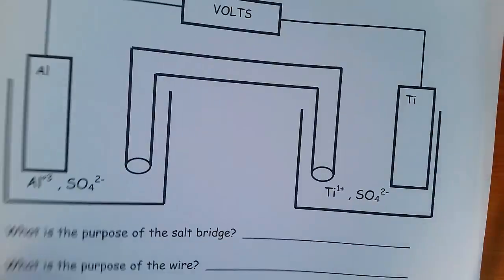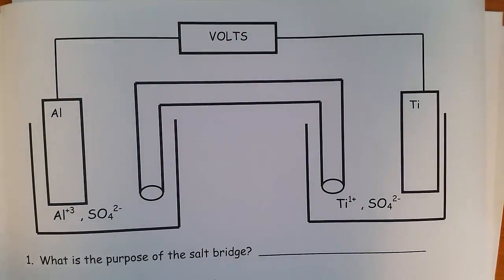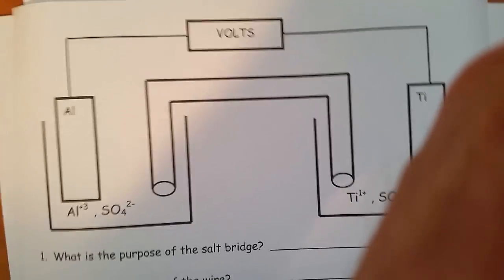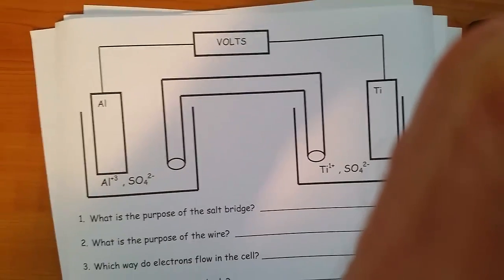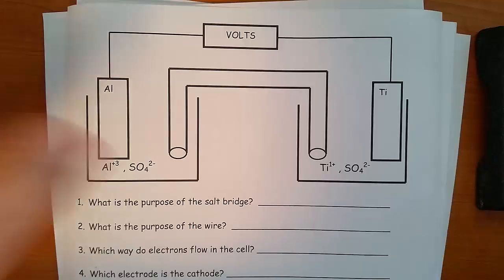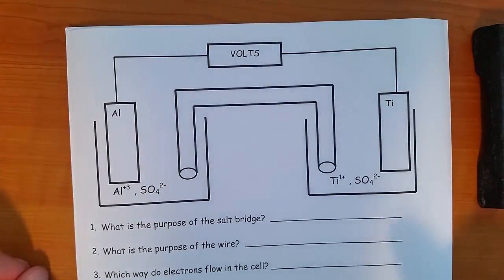All right, so the next things we looked at in redox were cells, both voltaic and electrolytic. So if you look at a voltaic cell here, the first thing we always have to decide when we're looking at a cell is the flow of electrons.